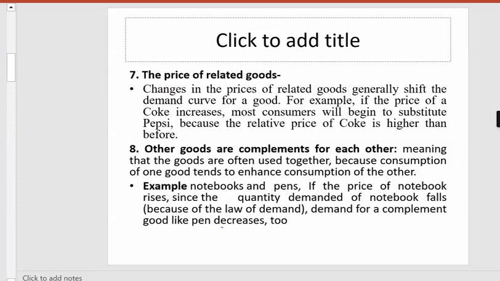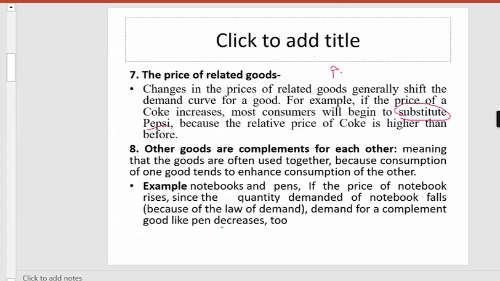The price of related goods. When you say price of related goods, we talk about substitute what? We talk about substitute goods. So unaongelea about substitute goods. Kwa mfano, ukiongelea kwa mfano Pepsi and the cola. These are related goods, right? Au coffee and the tea. Any change in the price of one will affect the price of what?